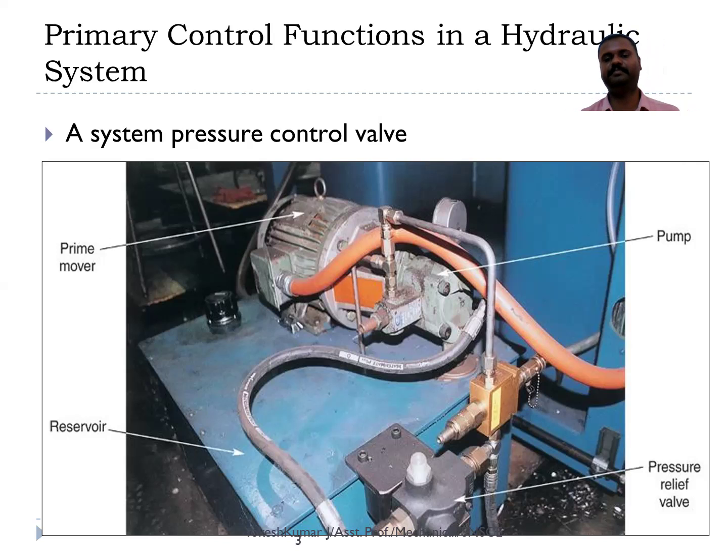The pump takes fluid from the reservoir under atmospheric pressure, pressurizes it and sends it to the circuit. Before connecting to the circuit, we have to use a pressure relief valve. If there is any blockage or excessive pressure in the system, the excessive pressure can be relieved with the help of the pressure relief valve.